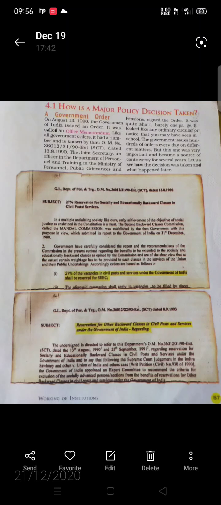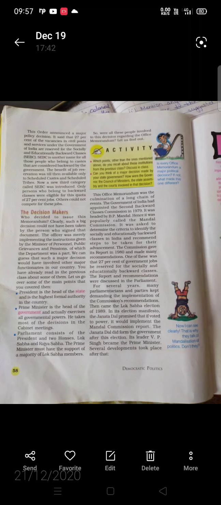What is SEBC? It is socially and educationally backward classes. This SEBC was introduced, and these reports and recommendations were discussed in Parliament.